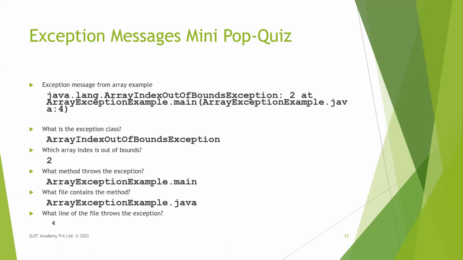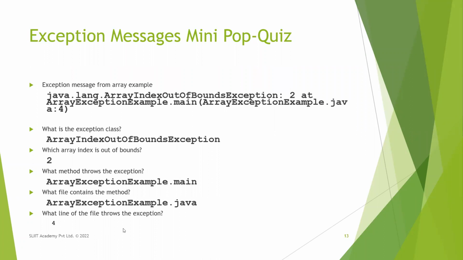The exception class is ArrayIndexOutOfBoundsException. The array index is number 2. The method is our main method. The file which contains the method is ArrayException.java, and finally the line number is line number 4.